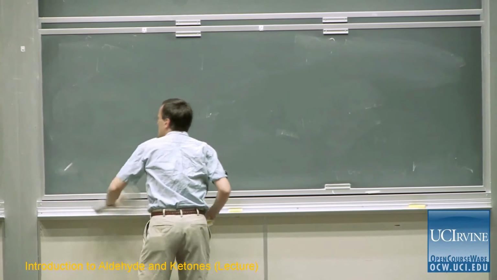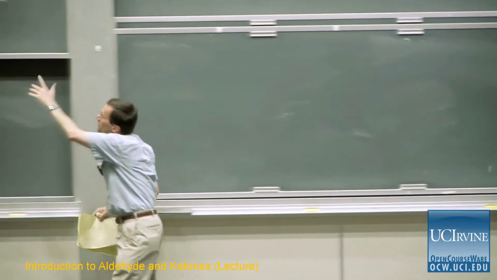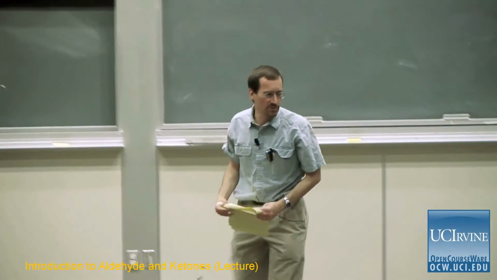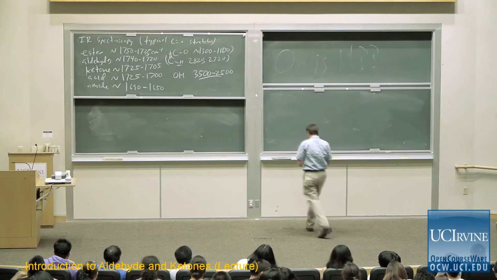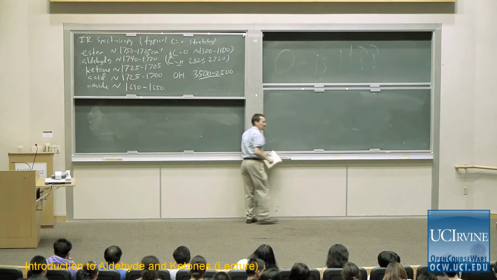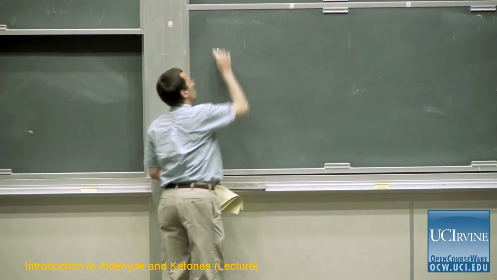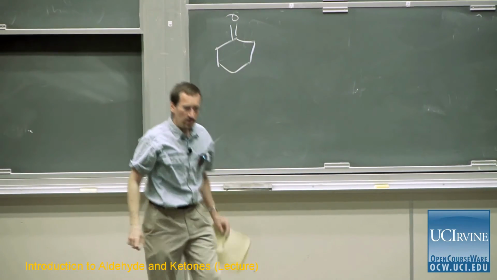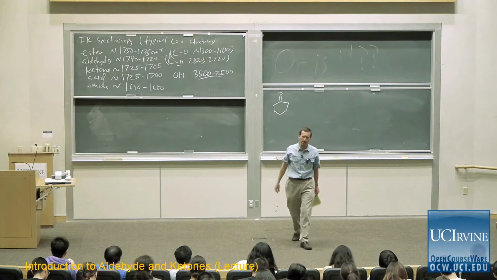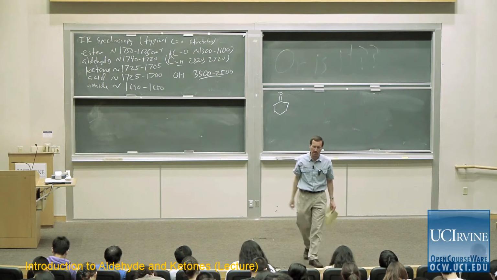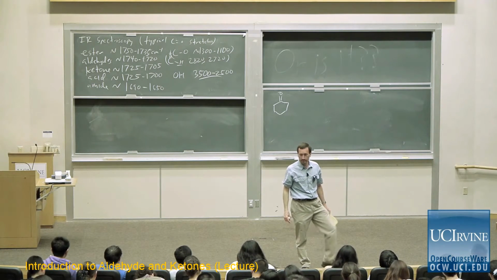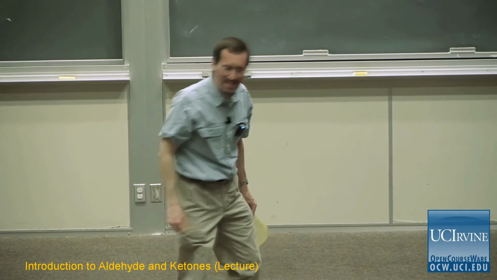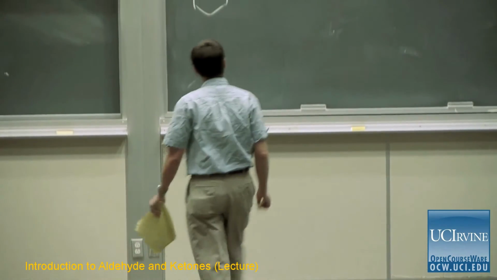All right, as I said, there are a lot of factors that perturb these general aliphatic carbonyl stretching frequencies. One of the big things is conjugation, as I just mentioned. For example, cyclohexanone has its carbonyl stretch right in the middle of where you'd expect for a ketone, at about 1715.